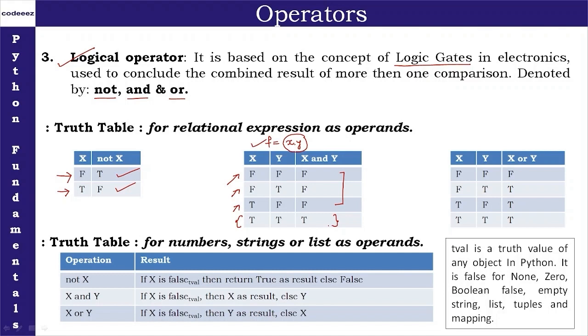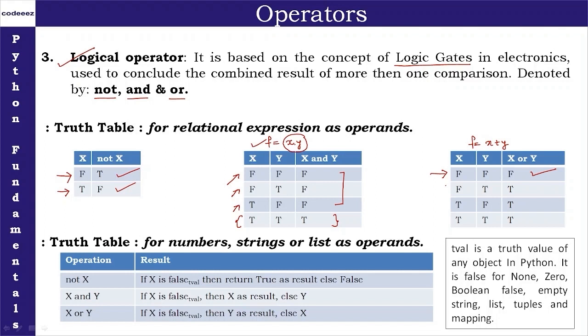Now next comes the OR operator. The Boolean expression of the OR operator is f equals x plus y. So whatever values we give as input, if both the values are false, then only the final result will be false.